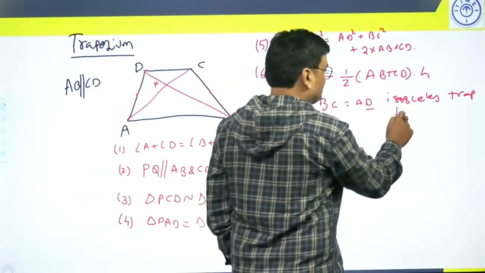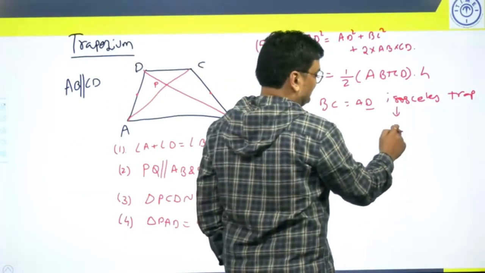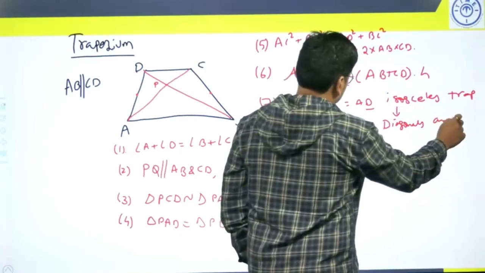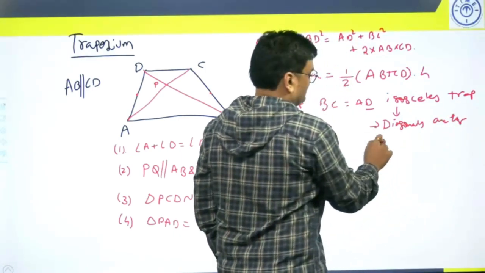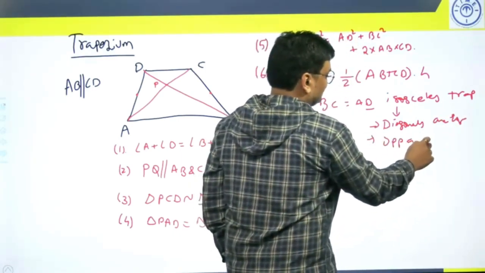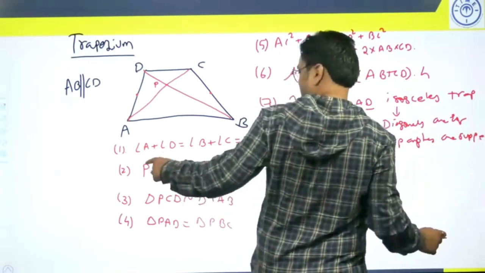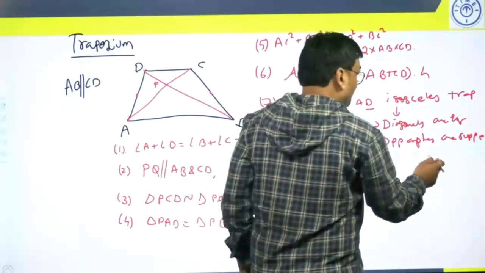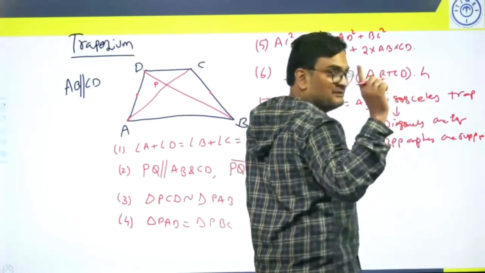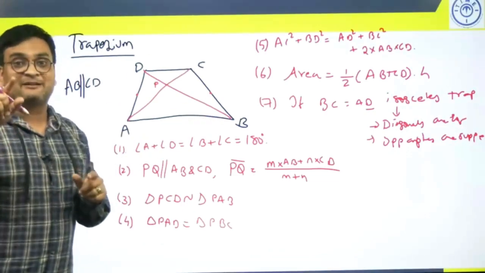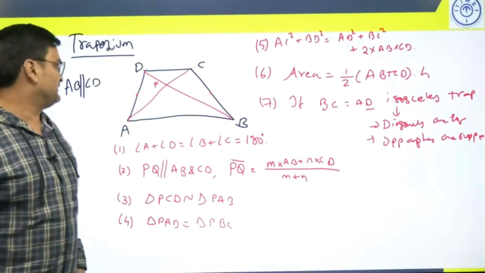Now in case of an isosceles trapezium, there are some additional properties, like diagonals are equal in length, opposite angles are supplementary, not just adjacent. Opposite angles are supplementary, that means the sum is 180. So angle A plus angle C, angle B plus angle D is 180. This happens in case of an isosceles trapezium.